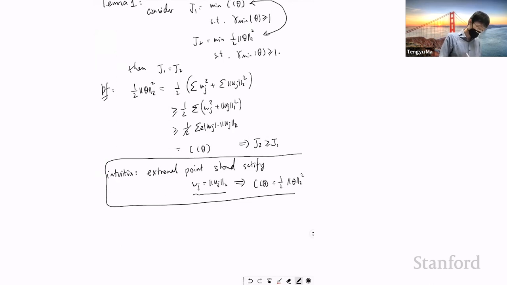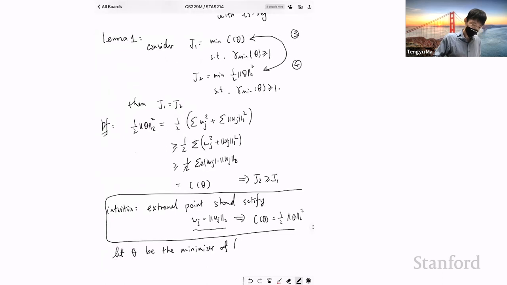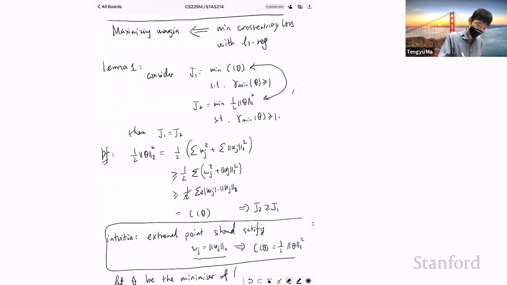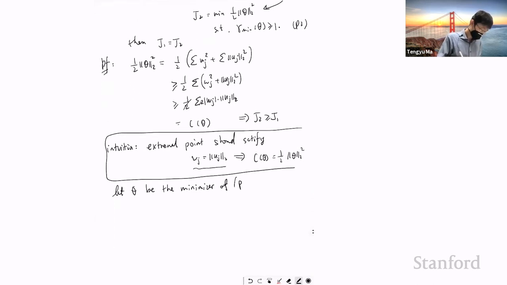So what we do is let theta be the minimizer of, let's call these programs P1 and P2, so the minimizer of P1.